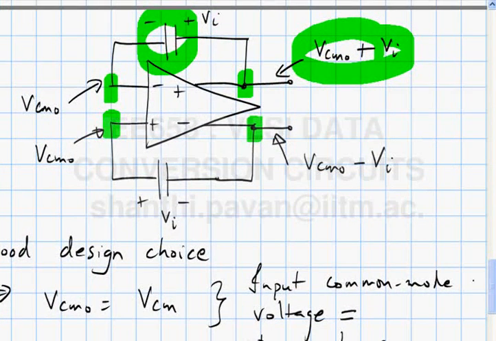The charge on the capacitor is not being destroyed, right? You're just holding on to that charge, and the op amp only supplies the current that needs to be driven into the load. So if for example there was some load impedance here, then the current which goes into the load is nothing but 2 VI by ZL, and that is coming from where?